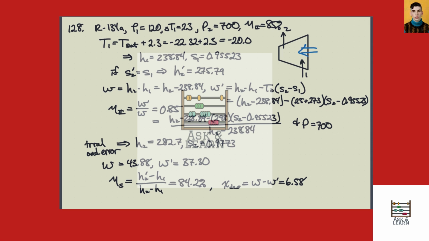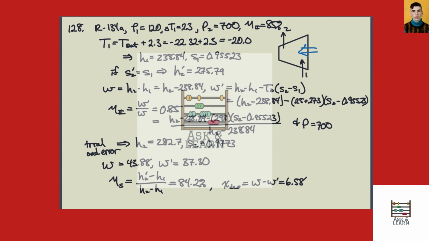Well, no, this would have given us the isentropic work out, not the reversible work out. I'm not sure why I looked this up. Oh yeah, that's why I looked it up, because down here they ask for the isentropic efficiency. I didn't use it here, but I do use it down here.